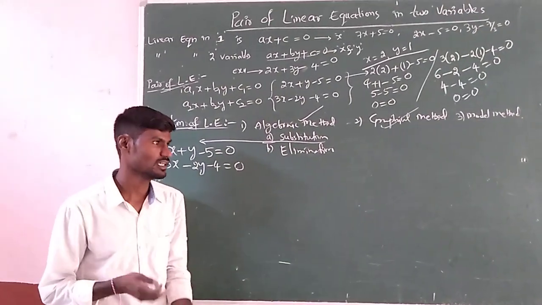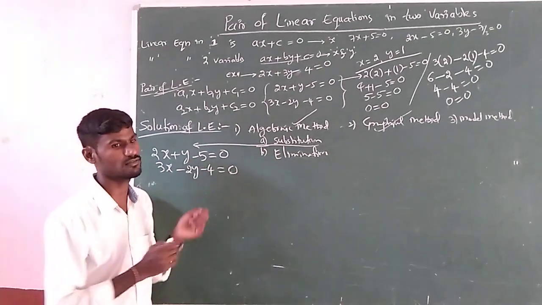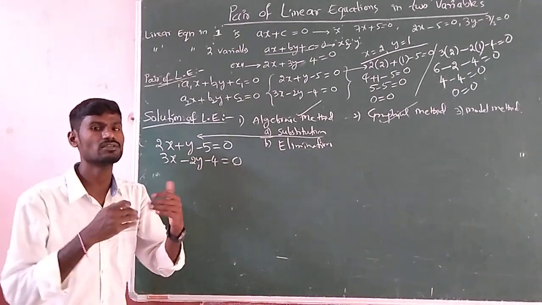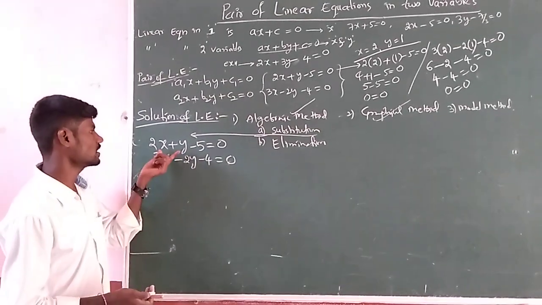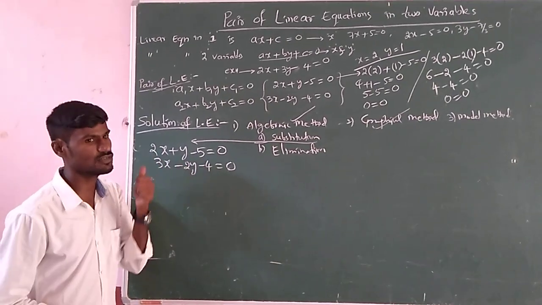What does substitute mean? We have to substitute one variable with the help of the other variable. That means represent one variable in terms of the other variable. Here generally we have two variables, so either represent x in terms of y or y in terms of x.